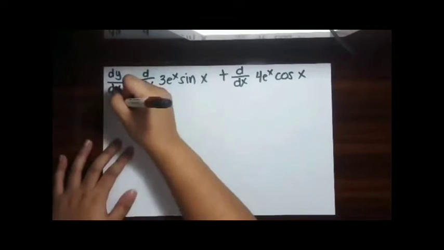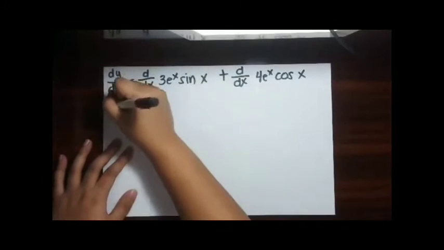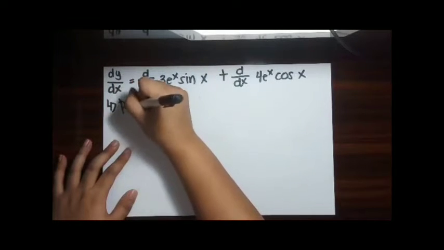Second is to find the derivative of each term separately through the product rule.